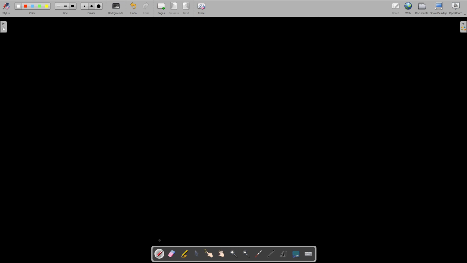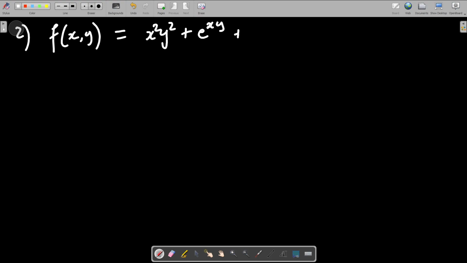Second example. f(x, y) equals x squared y squared plus e raised to xy plus sin of x squared y.